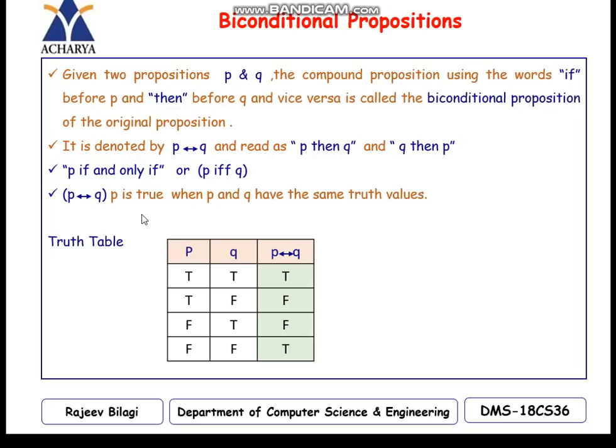The truth table is very simple. P biconditional Q is true when both P and Q have the same truth values.